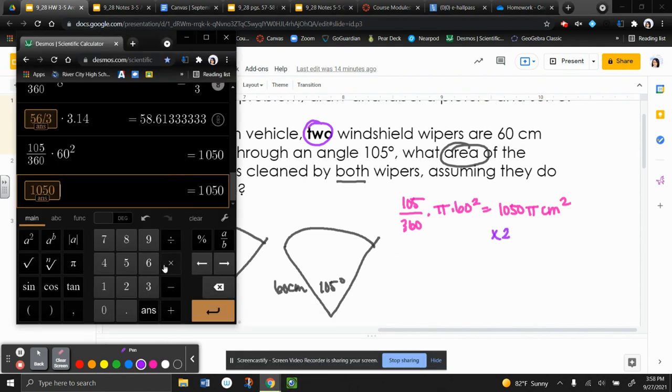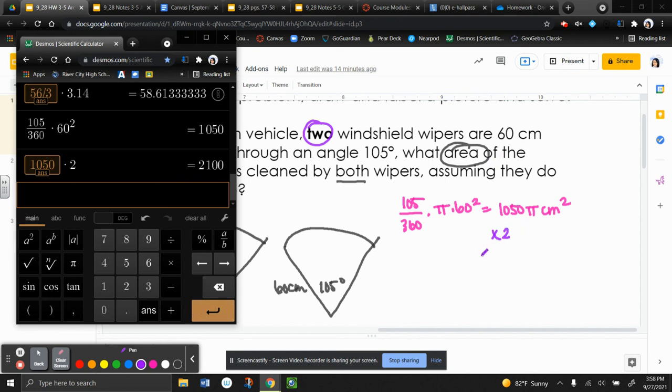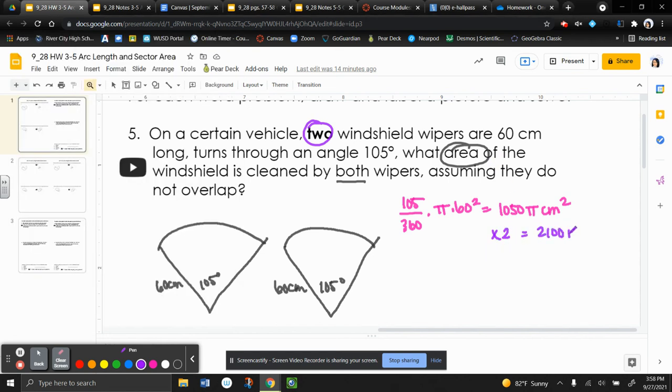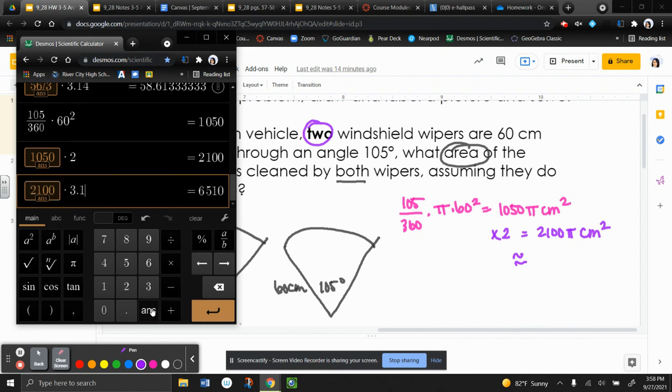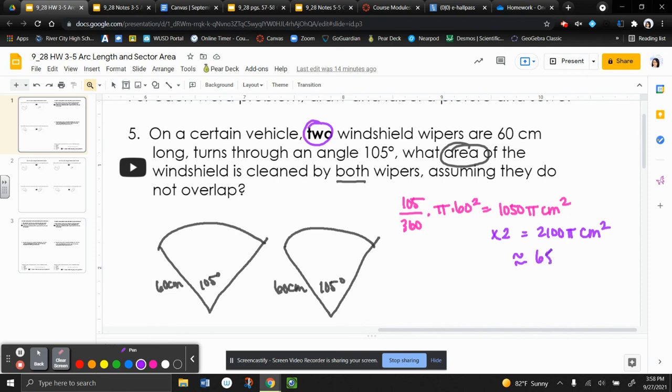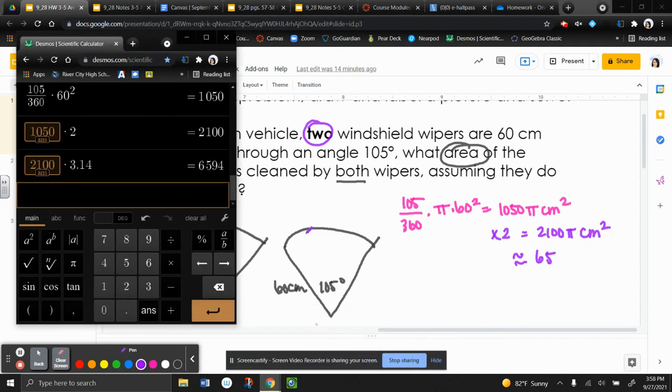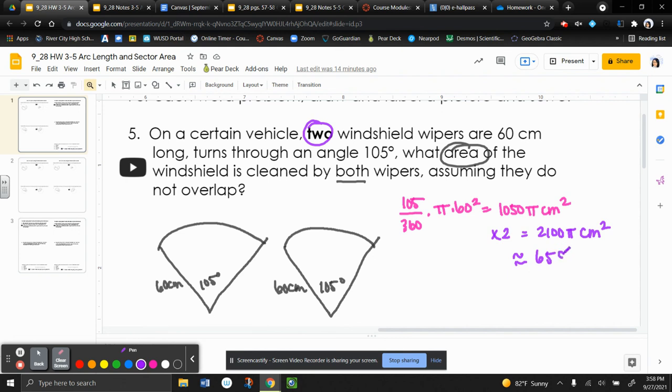So 1050 times 2 gives me 2,100 pi centimeters squared, which is approximately, so we're going to multiply that by 3.14, 6,594 centimeters squared. So I'm going to say the area cleaned by both wipers is 6,594 centimeters squared.